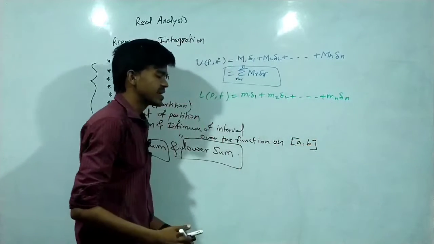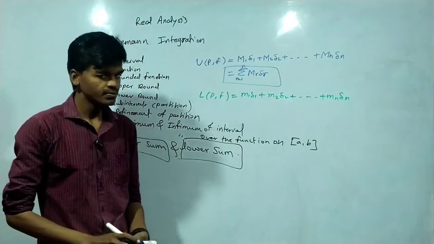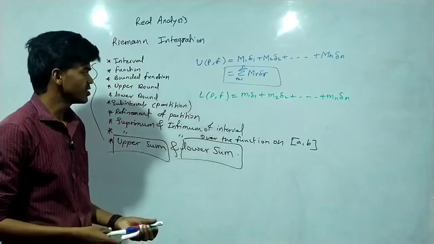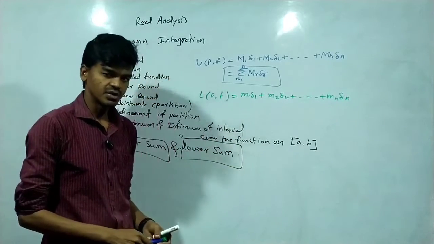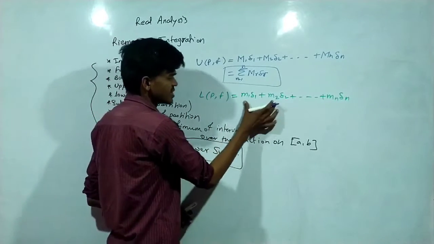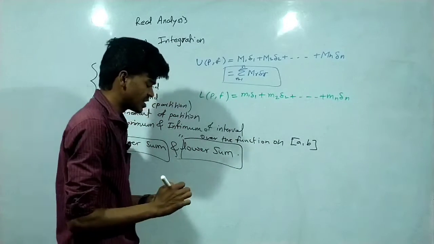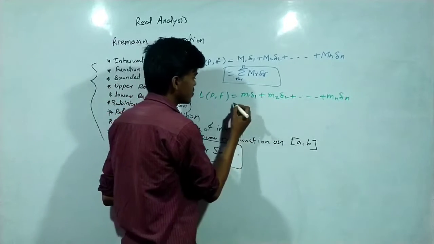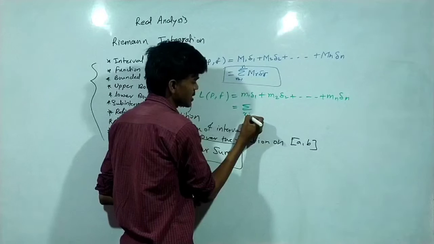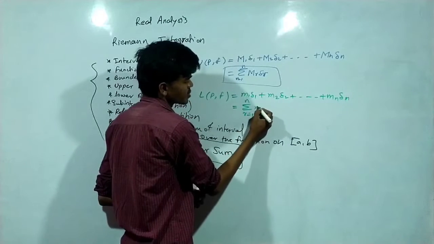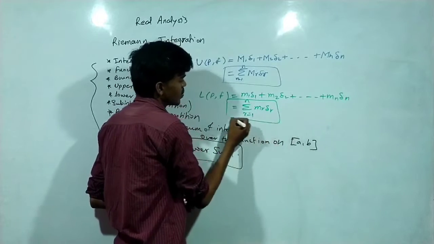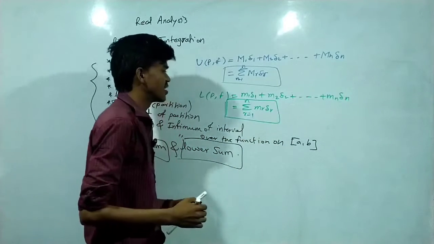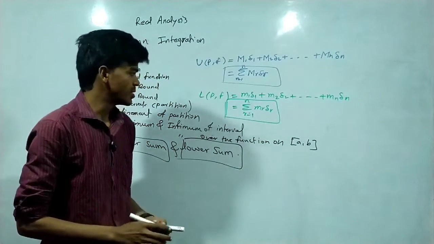Here delta n is the length of the particular subinterval, and small m is the infimum. So we define this series as the summation r equals 1 to n of small mr delta r, and this is our lower sum of function f over the partition P.